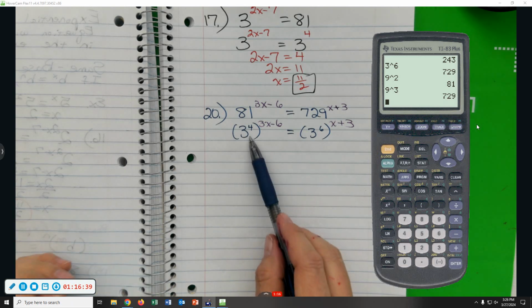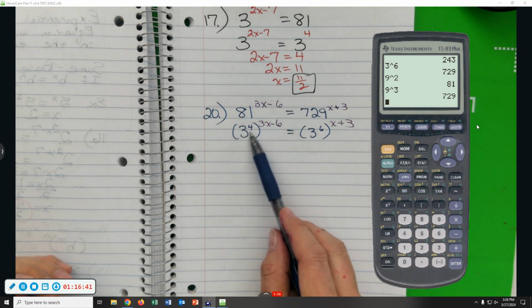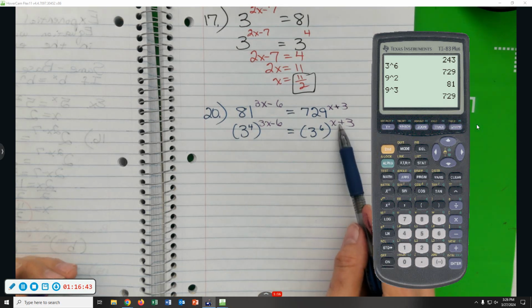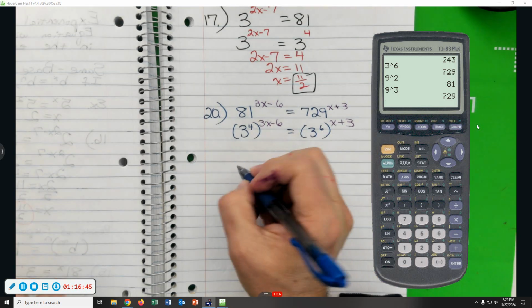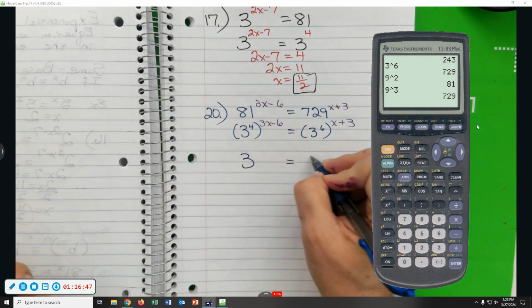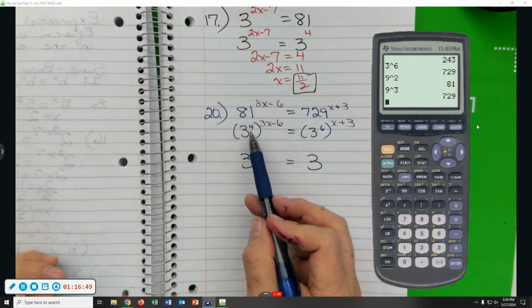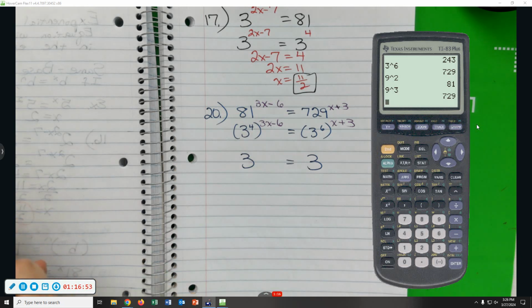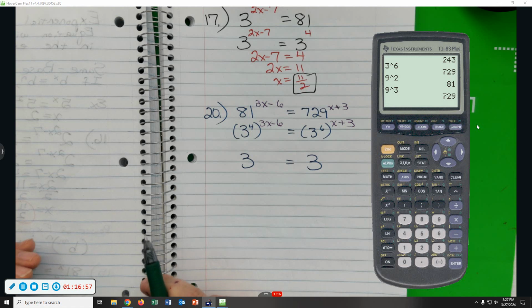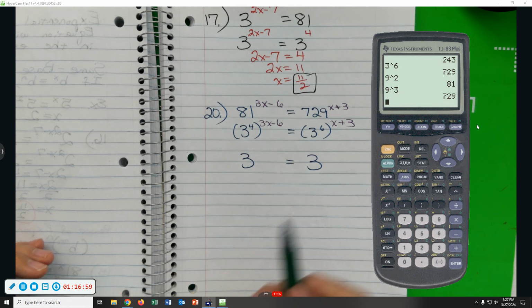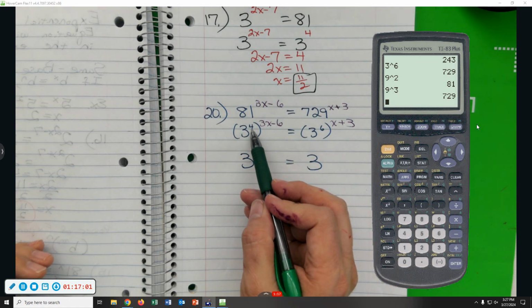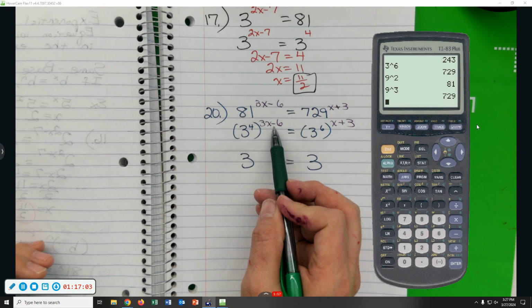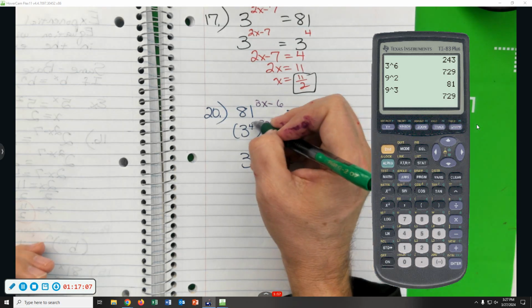We have a power raised to a power. What do we do when we have powers raised to powers? We multiply. So we're going to take the 4 and multiply it by 3x minus 6. It's not just going to be a 12x minus 6. To multiply 4 by 3x minus 6, we'll need to distribute the 4.